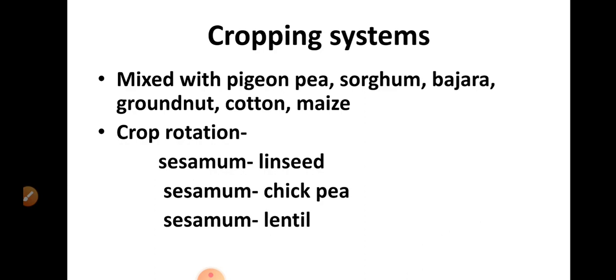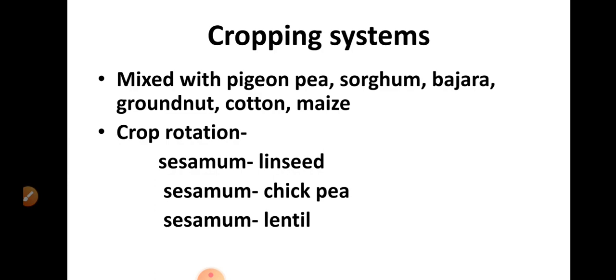See, for example, sesamum and tur in a 3 to 1 or 4 to 2 proportion is recommended, or 3 lines of sesamum and 1 line of sorghum, or 1 line of sesamum and 4 lines of groundnut. This kind of cropping is also recommended for this crop.